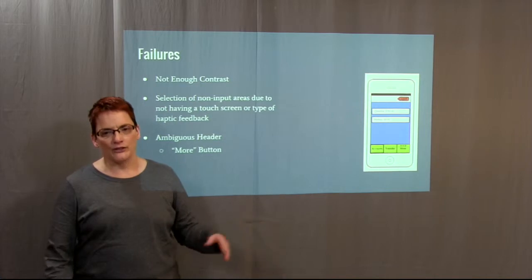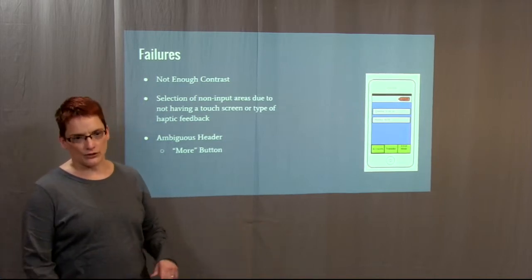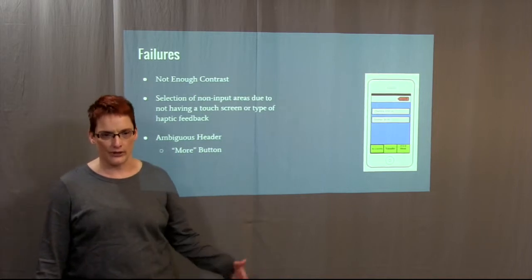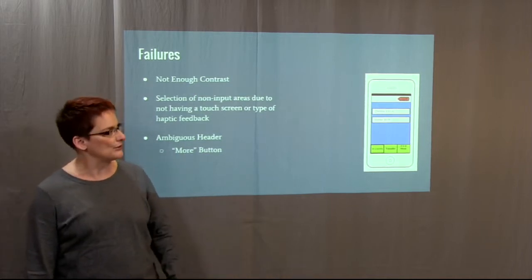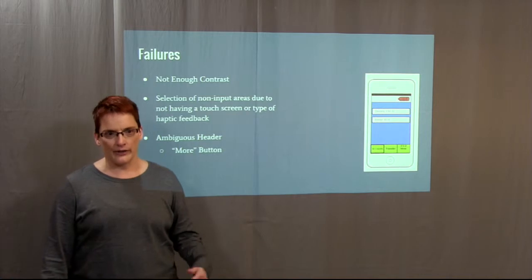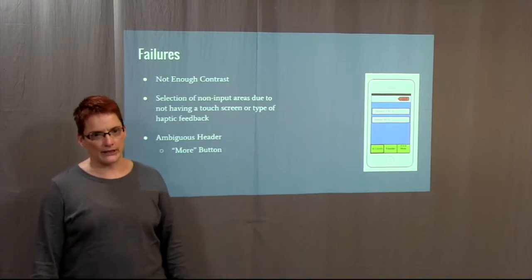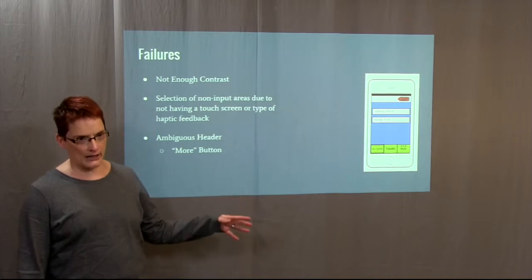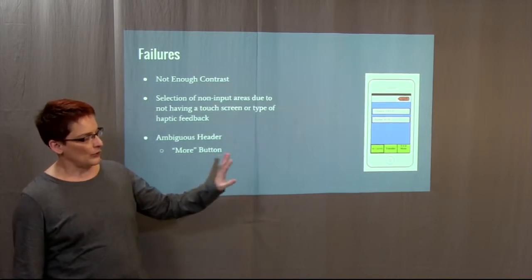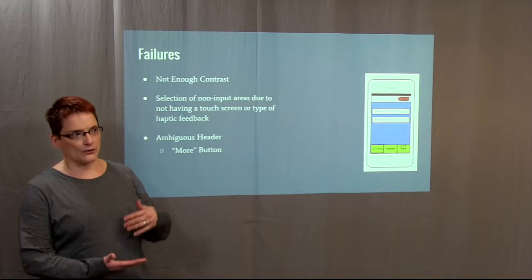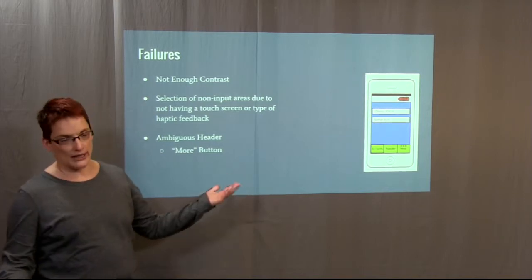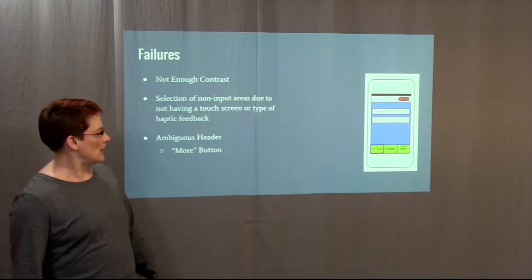Part of this may have been due to the fact that there are many commercial applications that use these areas for the user to put input into, and the other reason was that this is a paper prototype, so there was no haptic feedback, where when they touch it, it vibrates or it doesn't vibrate. In our case, it wouldn't vibrate to show them that they couldn't actually put anything in there.